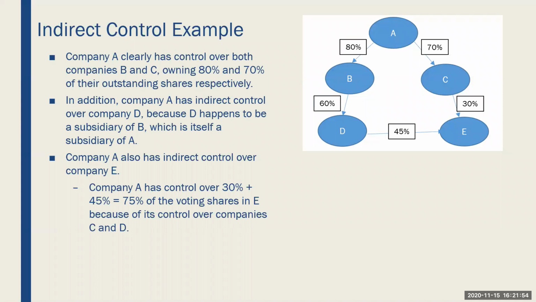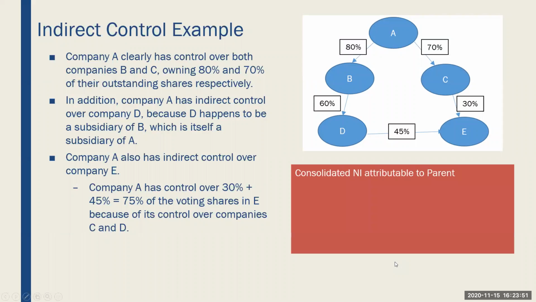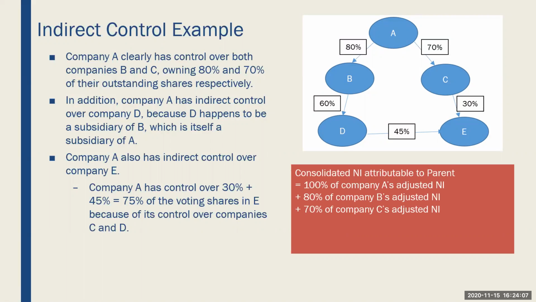Right? And that's because company A has control over 75% of the voting shares because of its control over companies C and D. So when calculating consolidated net income attributable to the parent company A, we will allocate 100% of company A's adjusted net income, 80% of company B's adjusted net income, 70% of company C's adjusted net income.